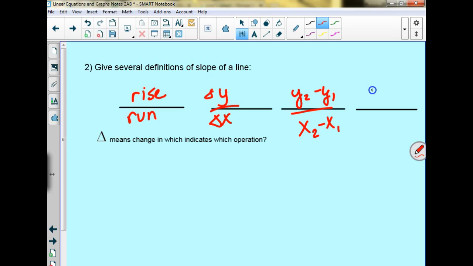I'm going to just put here the change up and down. And yeah, you could write horizontal and vertical. It would be change vertically over change horizontally. I'm just trying to fill in the blanks now. And change, the little triangle, means subtract, right?